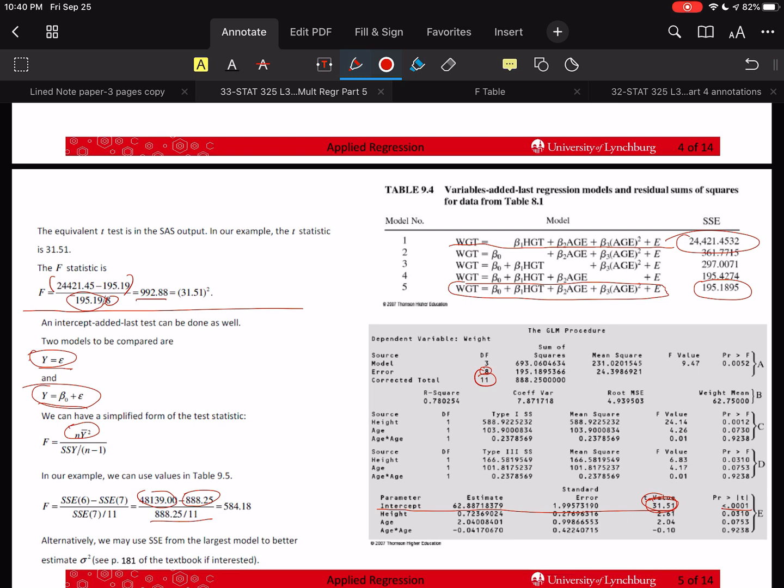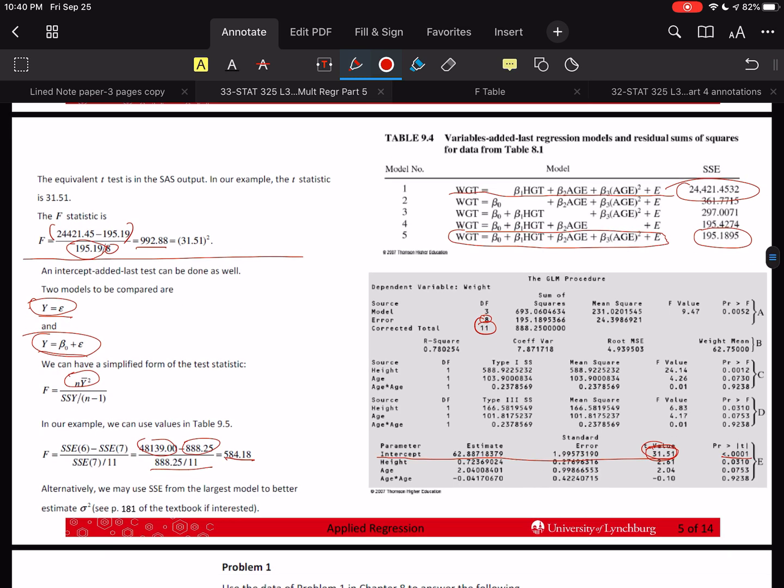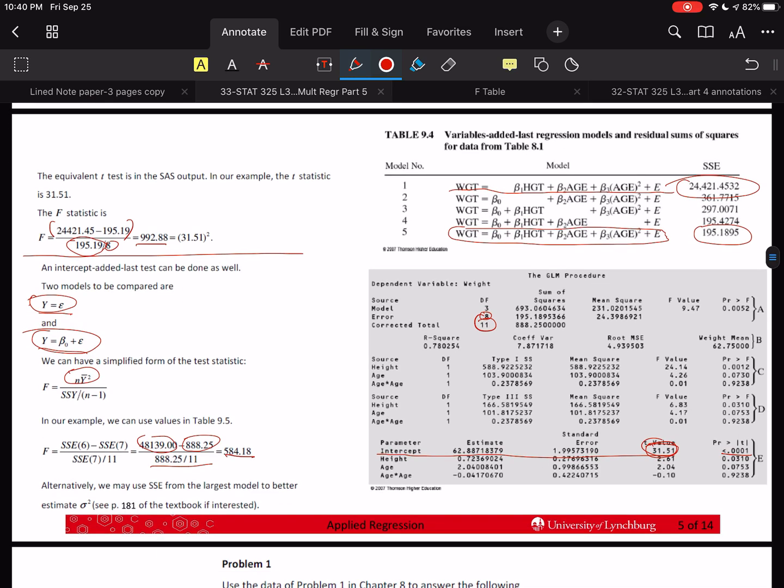And so we take 888 divided by 11, and that gives us 584.14. That is a huge F value. And we have 1 and 11 degrees of freedom, so that's going to be highly significant. They didn't give us the p-values here, but that's okay, we know it.